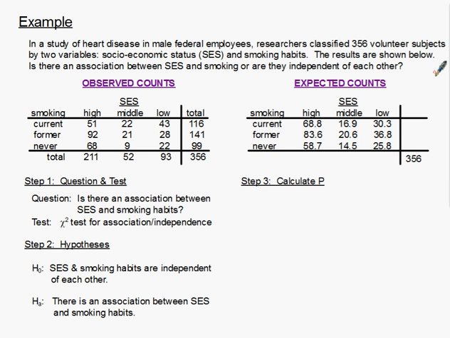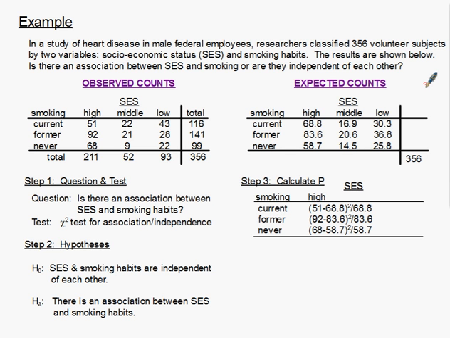All right, so now let's calculate our p-value. Chi-squared is observed count minus expected count, squared, divided by expected count. I've grabbed this value and I'm finding the chi-squared component from that, then moving on down to former, and then to never.